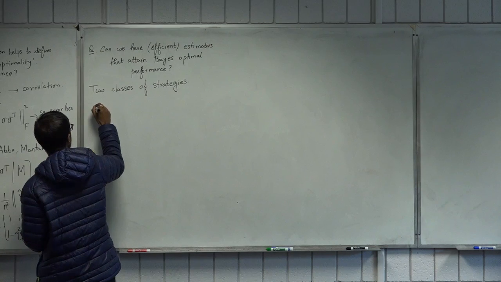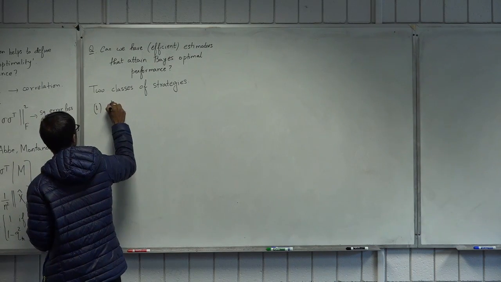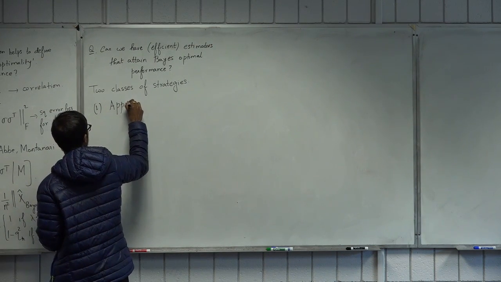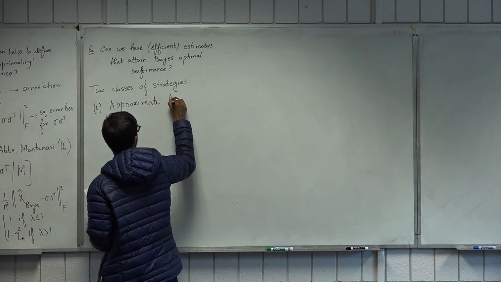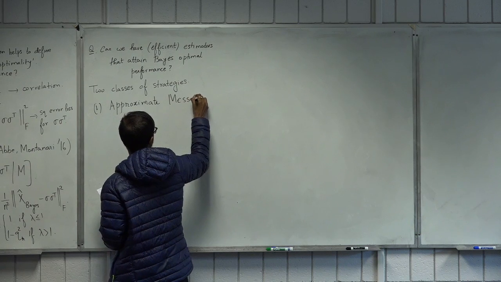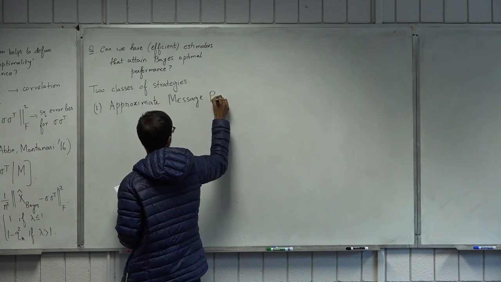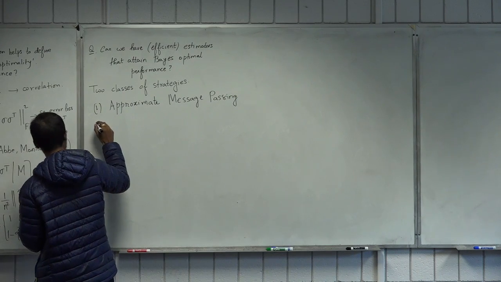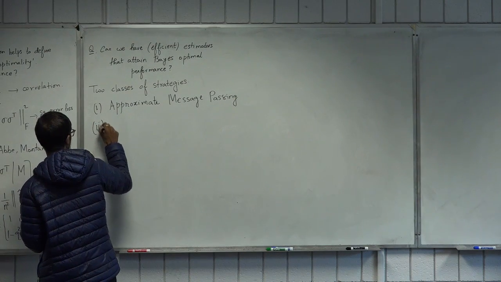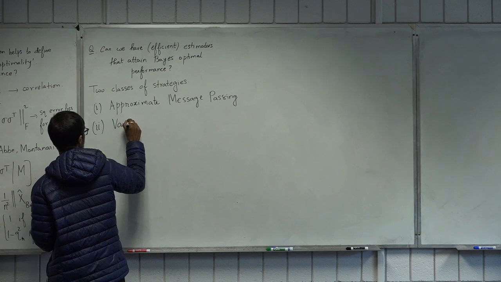The first is approximate message passing. And the second is variational inference.